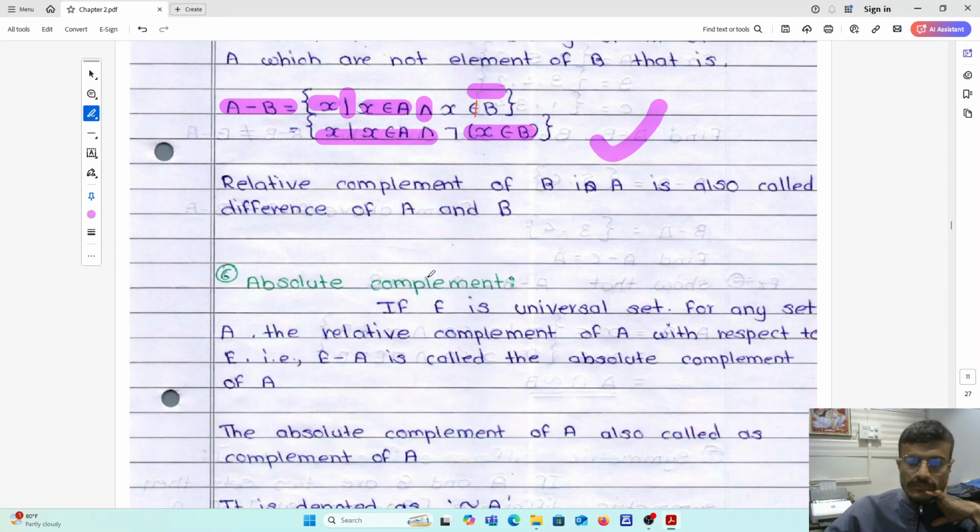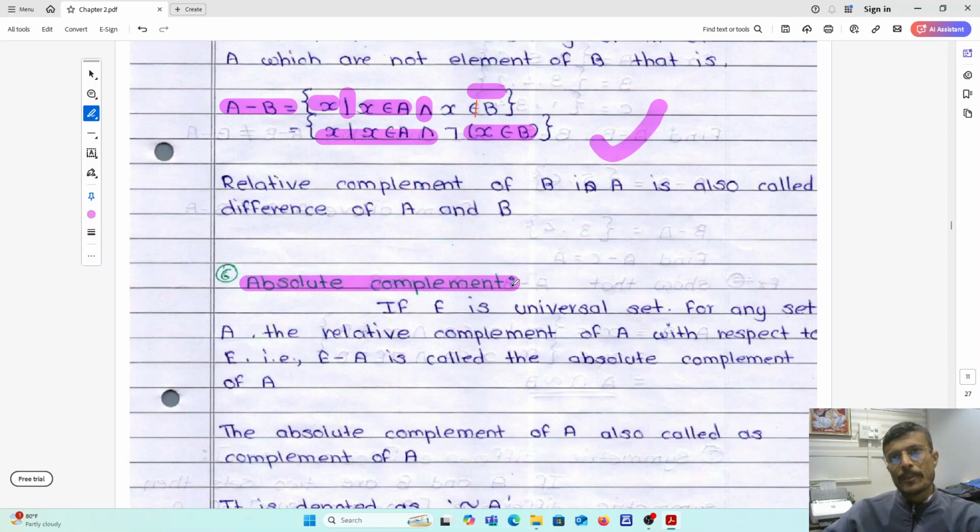Then what is meant by absolute complement? In the case of relative complement, we are taking two general sets. But in the case of absolute complement, we are taking one set as a normal set and another set as a universal set. For example, E is the universal set and A is the normal set.